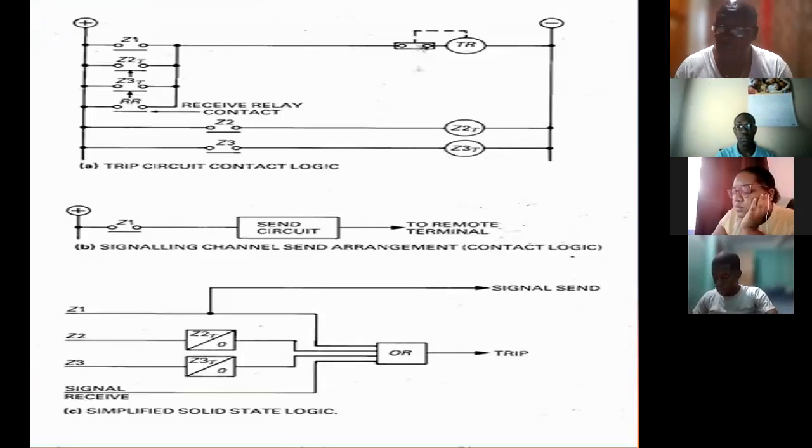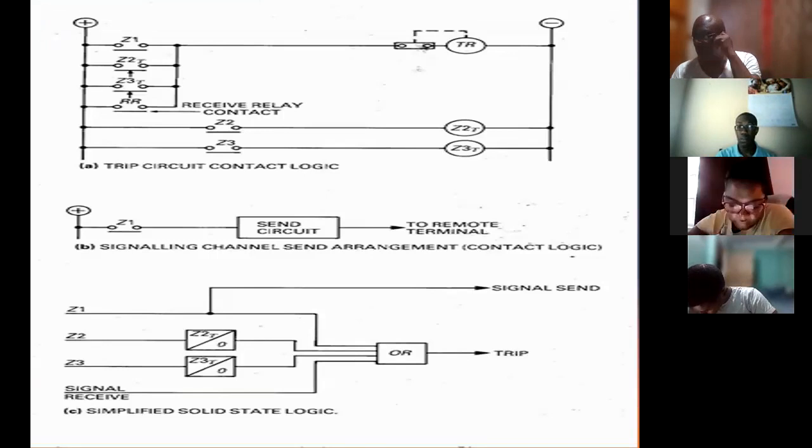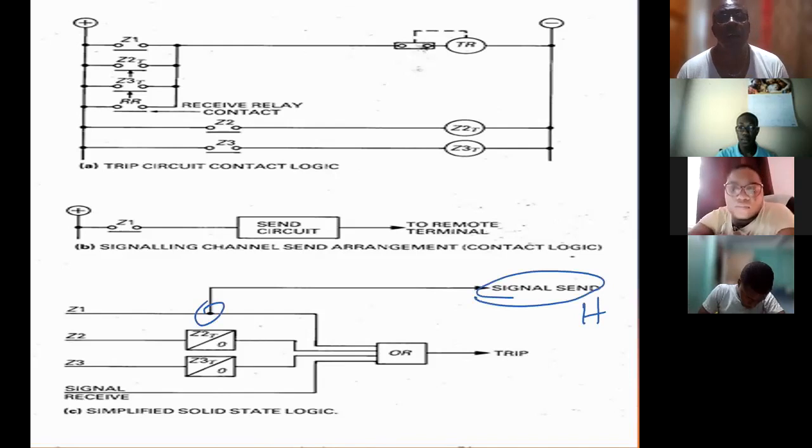Okay. So if I have a fault at the end zone at G, G would have seen it as a zone 1 fault, but H would have seen it as zone 2. I think we have said that enough, so I don't need to keep repeating it. But anyway, what we now do at G is that G would send a signal from its zone 1 to H. And once it is received at H, it will trip.